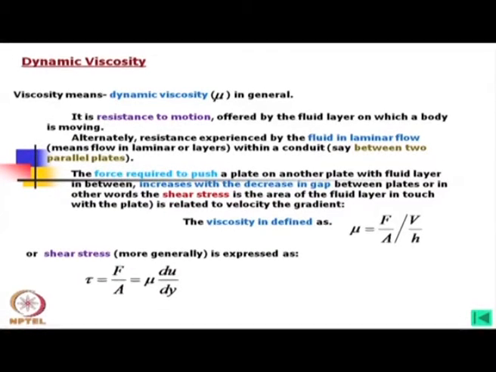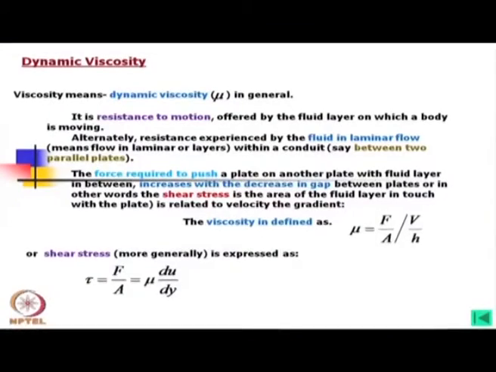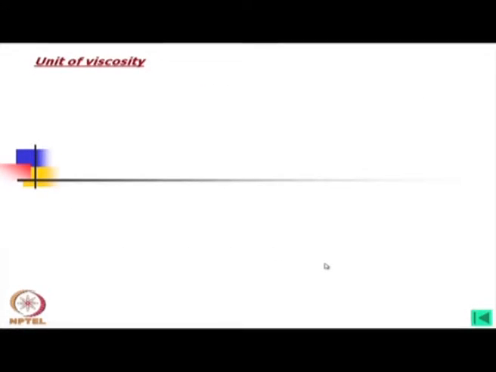So, we have to consider the total area which is under shear. F by A will be the shear stress, and V by H directly gives you the velocity gradient. Later, when we analyze this flow, you will know more about how V by H can be expressed as du by dy. Now, what is the unit of viscosity?